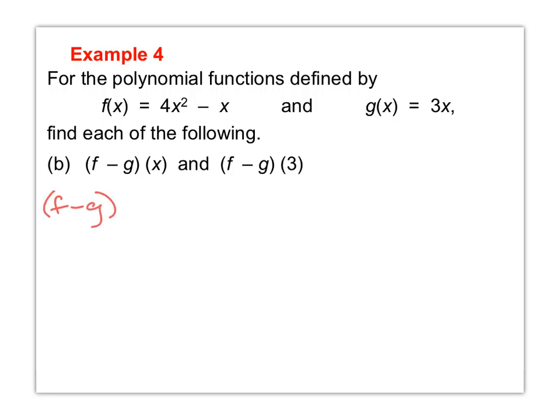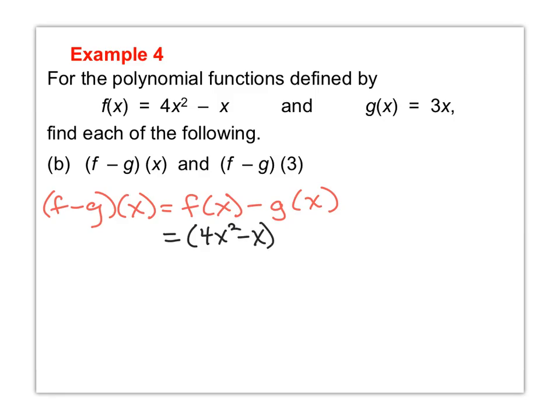F minus g of x is the same thing as f of x minus g of x. So let's take our entire f of x function, which is 4x squared minus x, and subtract the entire g of x function, which is 3x.